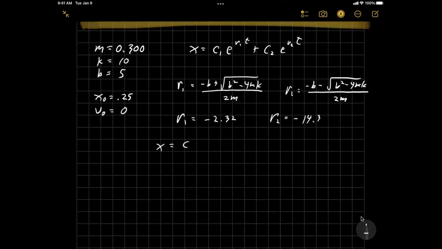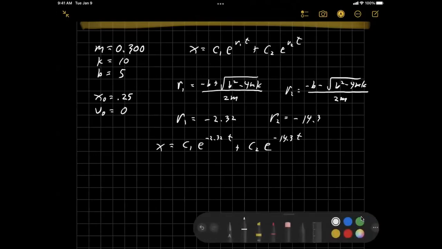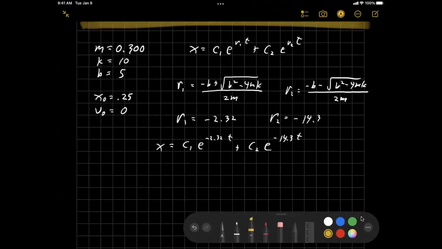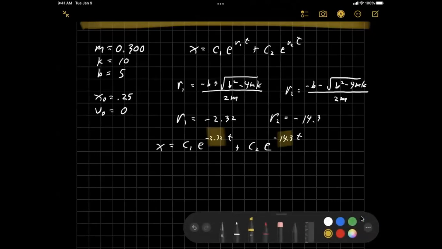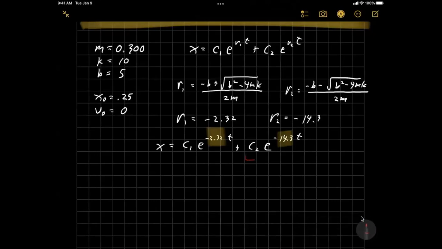So x is C1 e to the negative 2.32t plus C2 e to the negative 14.3t. If you know much about exponential decay, this decay is tremendously fast compared to the other decay. So the second term is why we don't have a true exponential decay curve.